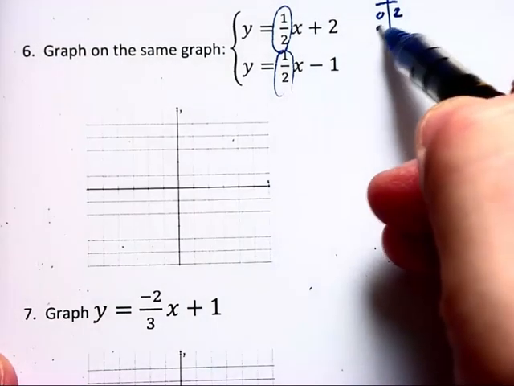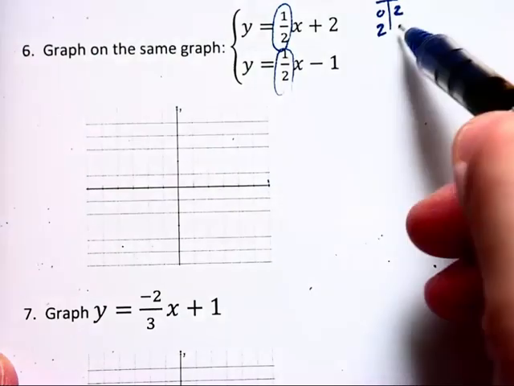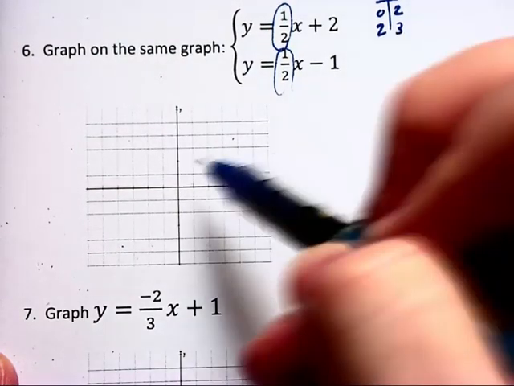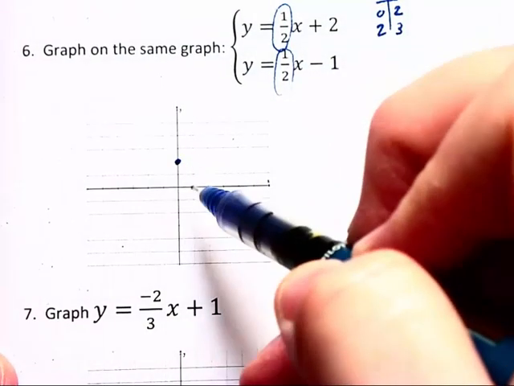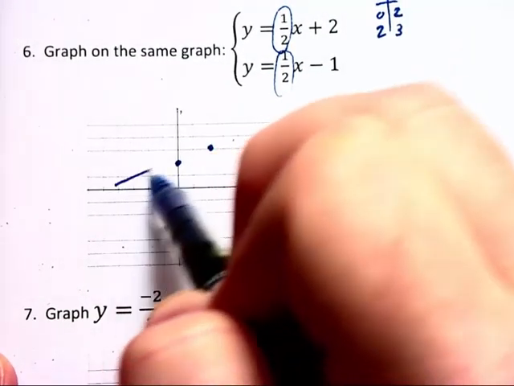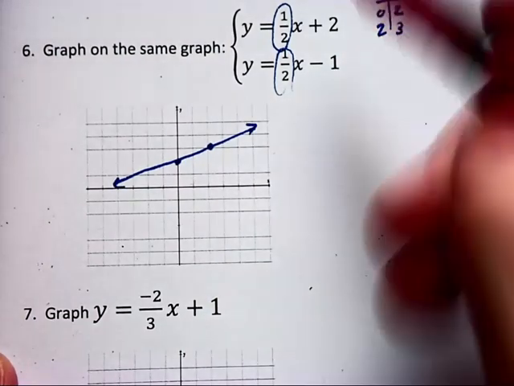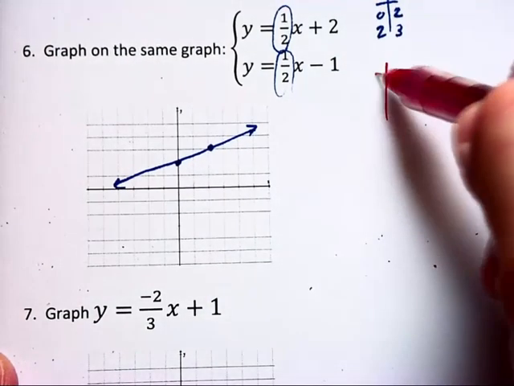Let's substitute 2 in, because 2 times 1/2 just makes a nice clean 1, plus that 2 makes 3. So this first line is going to go through 0, 2, and 2, 3, and we can draw that line in like that.